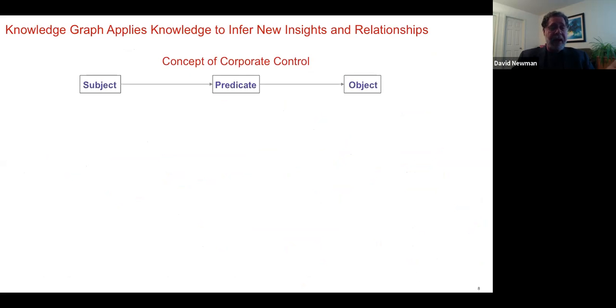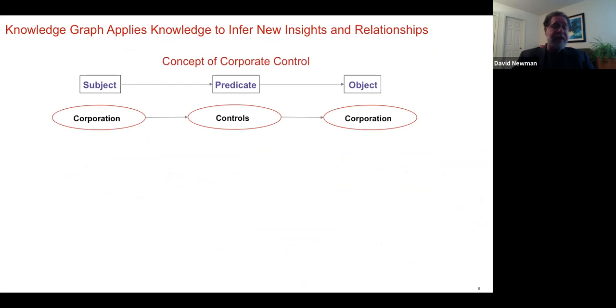So one more point I want to make here is that knowledge graph can apply knowledge to data in order to infer new insights and relationships. For example, the concept of corporate control. Again, it's broken down into this notion of subject, predicate, object, which again is linguistically aligned with how we think and speak. So let's take this example.